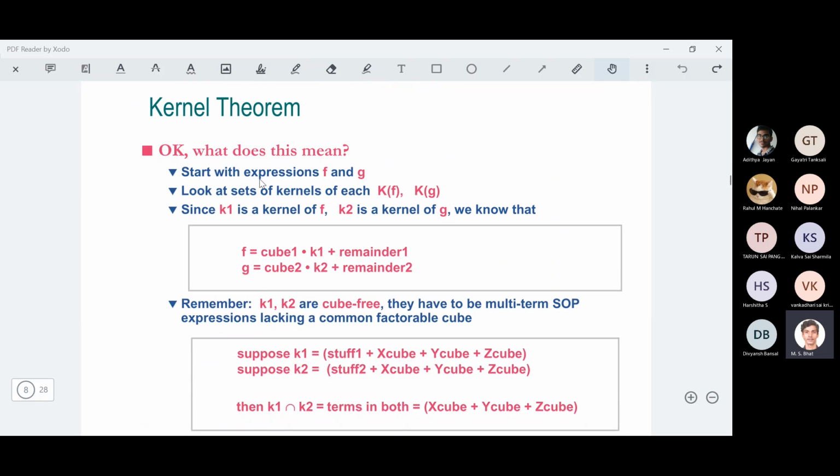Suppose we have functions f and g. We can write function f as cube 1 into k1 plus remainder 1, where k1 is a kernel of f. Similarly, g can be written as cube 2 into k2 plus remainder 2, where k2 is a kernel of g.